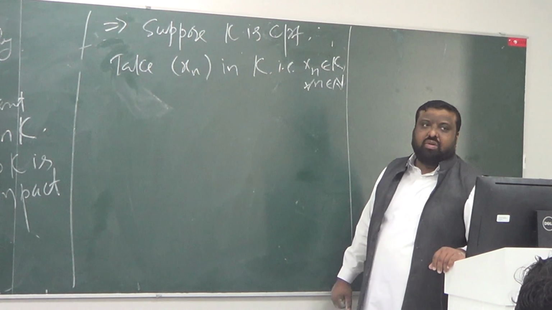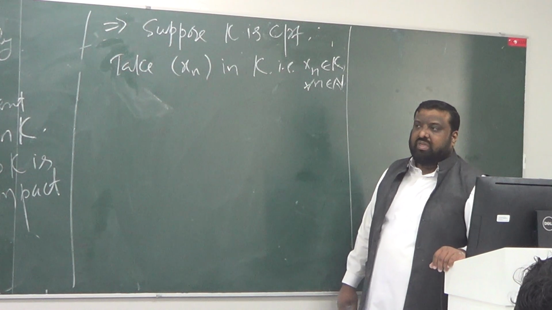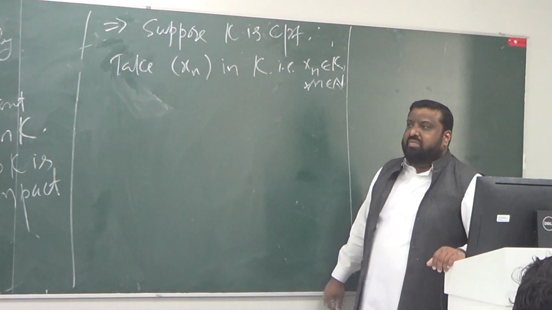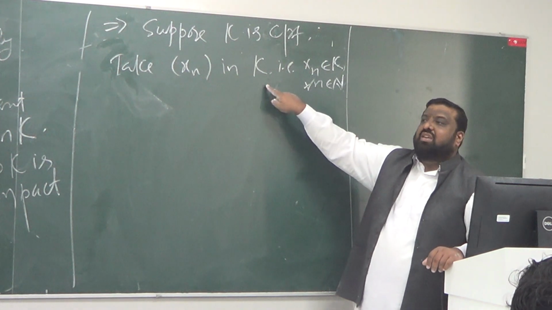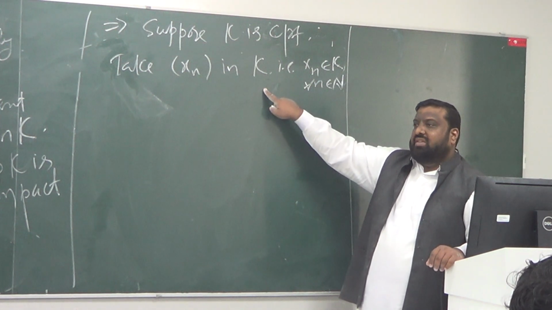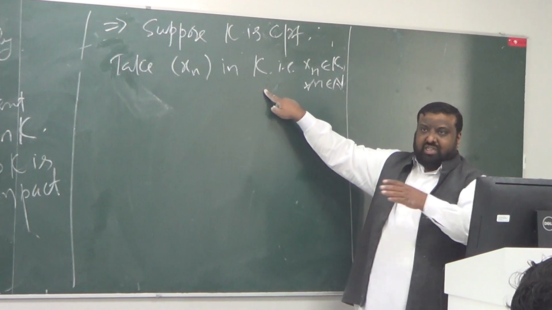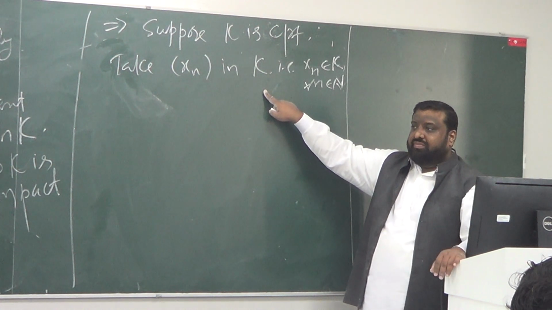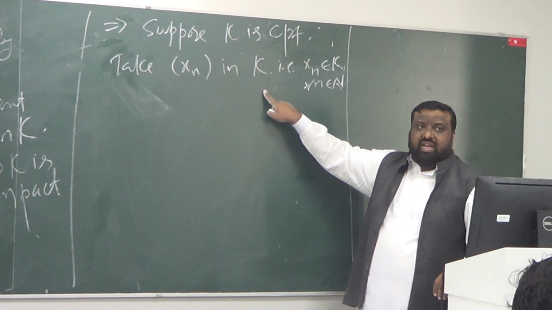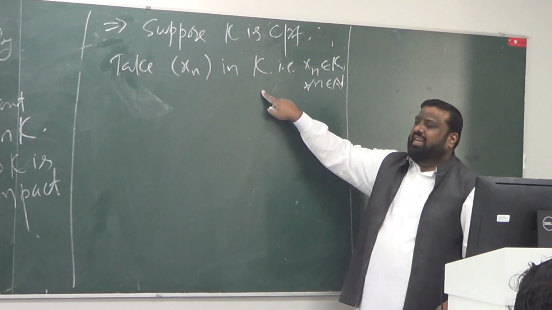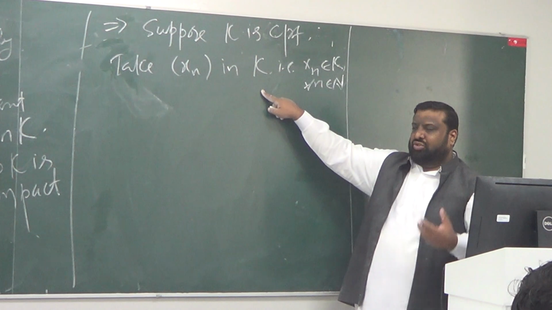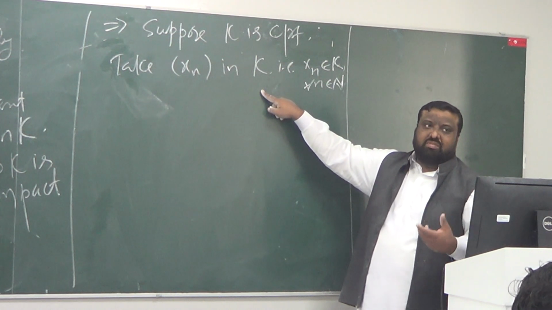Since K is compact, it must be bounded. Bounded means that every single element of this set K has absolute value smaller than some fixed number r.